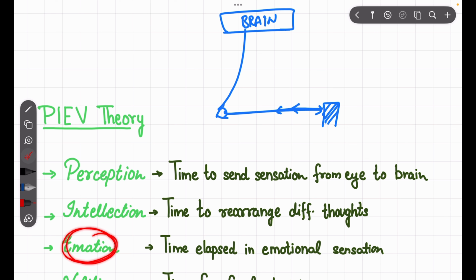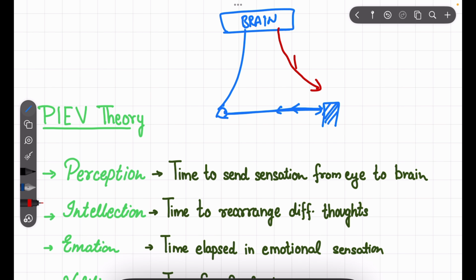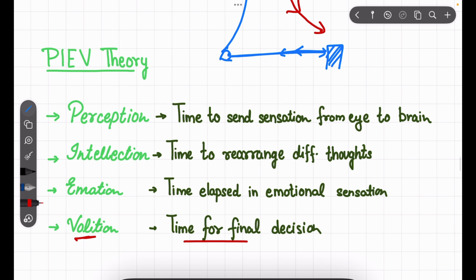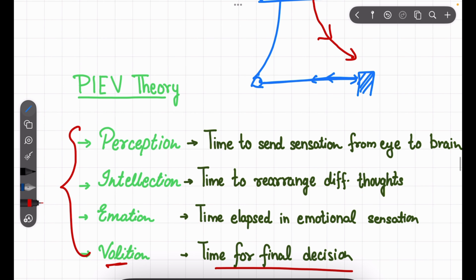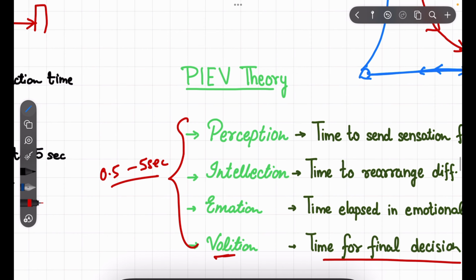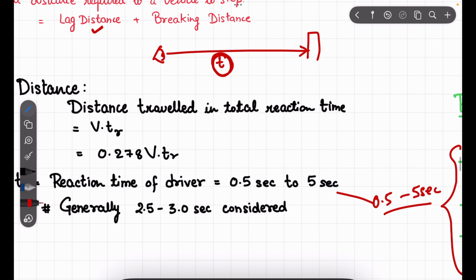After intellection and emotion, the time elapsed in the emotional sensation, the brain gives the order to react, and that is what we call volition, the time for the final decision. This whole process usually varies from 0.5 to 5 seconds, and that forms the basis of the reaction time. On average it is between 2.5 and 3 seconds.